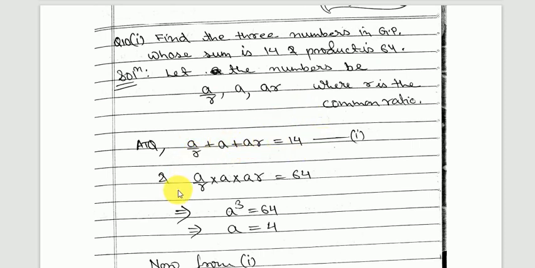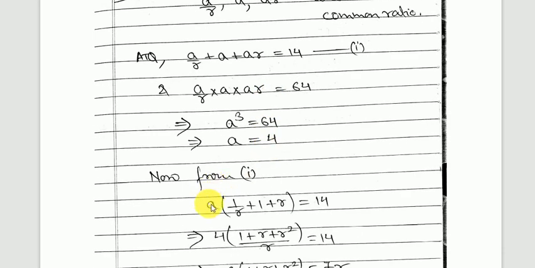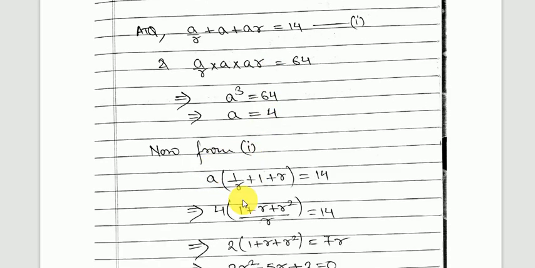Simplify this. Next it is saying that product should be 64. So a upon r into a into ar, r cancels, a cube equal to 64, so a equal to 4. Now this a equal to 4 can be used in equation 1, and that's how you can get the value of r.